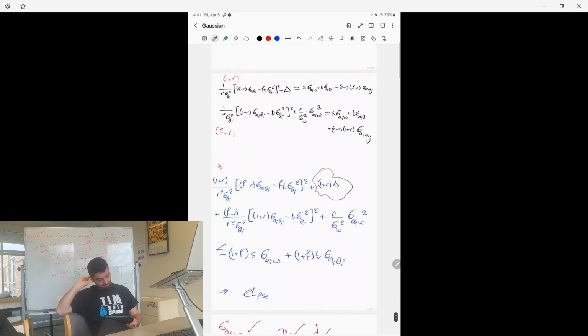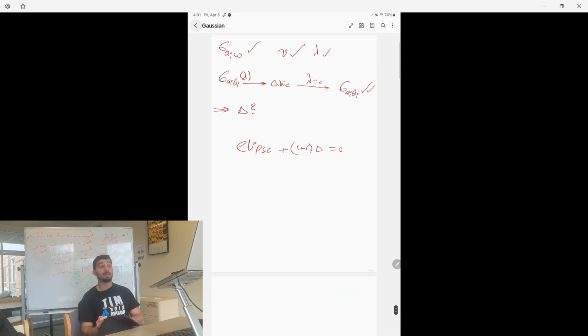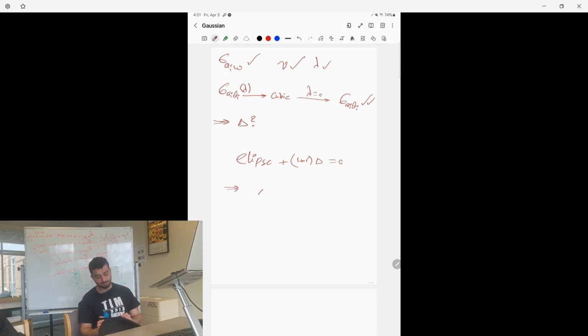Where is it? 1 plus r delta plus ellipse is 0. So our ellipse, by the way, is negative, sorry, because we are inside. So delta will be minus ellipse over 1 plus r. So simple. Okay, this is good.